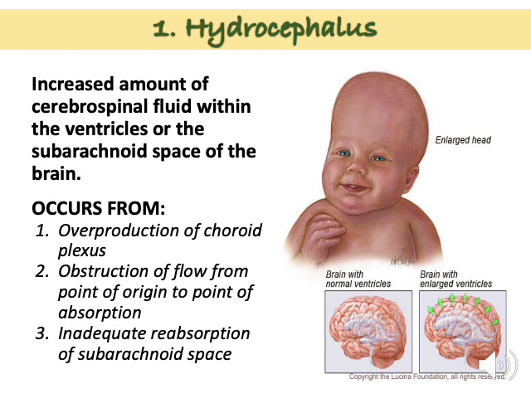Second, there could be a possible obstruction during its travel from the point of origin to the point of absorption. And third, there is inadequate absorption in the subarachnoid space.